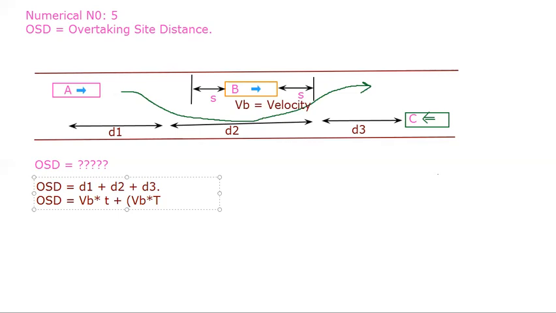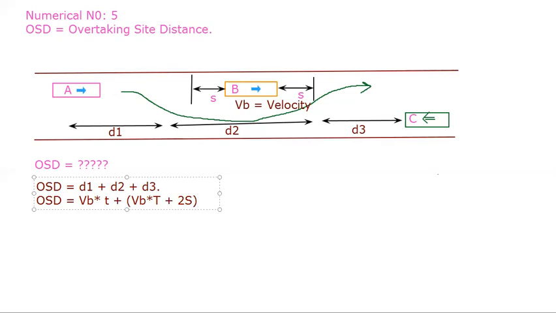Capital T is the total reaction time, plus 2 into s, that we have specified in this diagram. S is the safe distance between the ahead and backward of vehicle B. That is the safe distance that should be maintained while overtaking. So velocity of vehicle B multiplied by total reaction time T, plus 2s, is the safe distance.